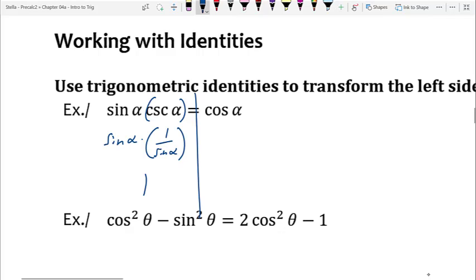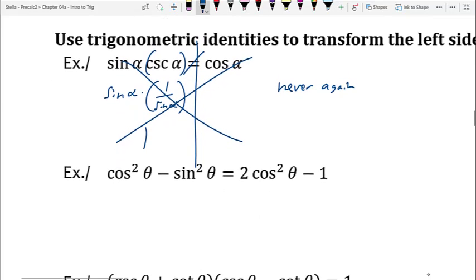And I get 1. Well, 1 is not equal to the cosine of alpha. So actually, this identity is not true, and that's the only time I will ever do that to you. If I ask you to transform one side into the other, they will be true. So we're going to put a big X through that and say, never again.